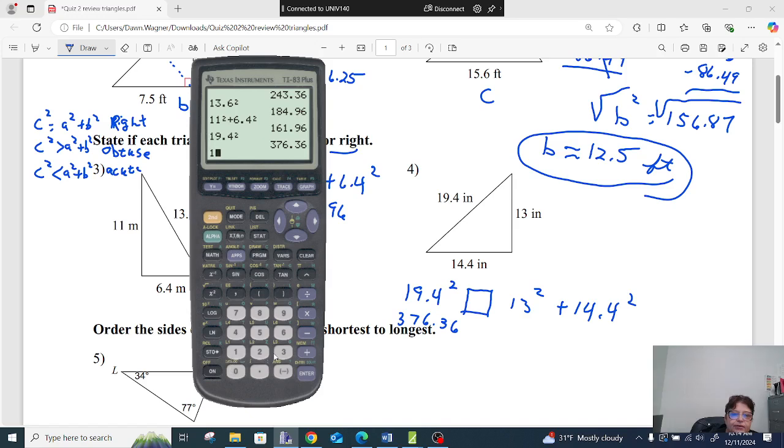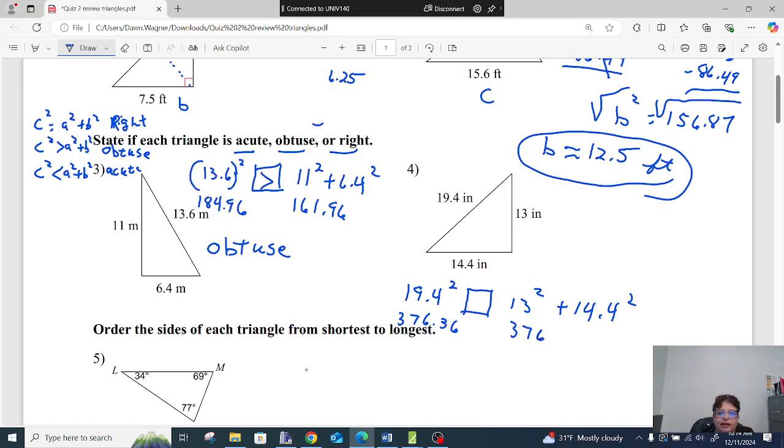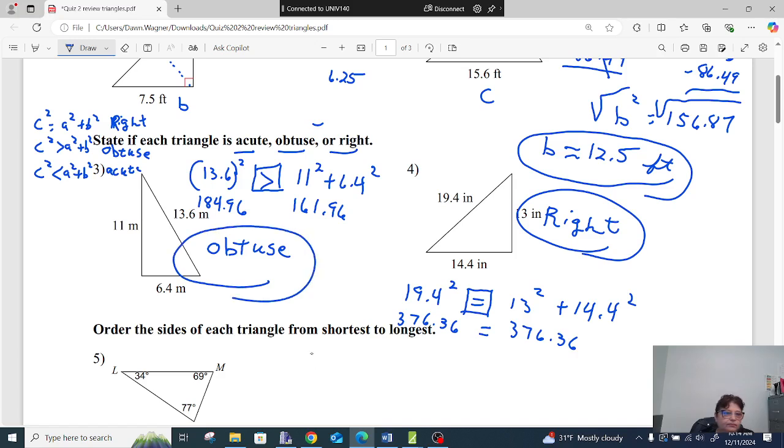That would be 13 squared plus 14.4 squared. And that is exactly the same. So what type of triangle is this? It's a right triangle because it is equal. That's called the converse of the Pythagorean theorem.